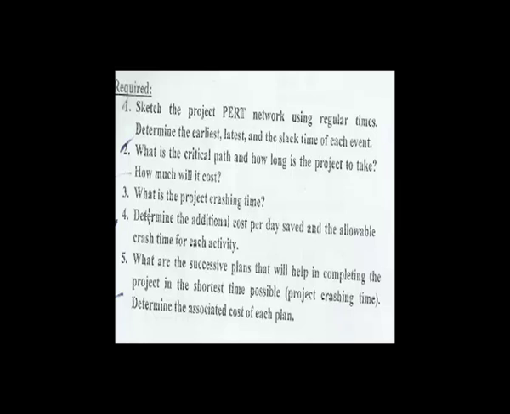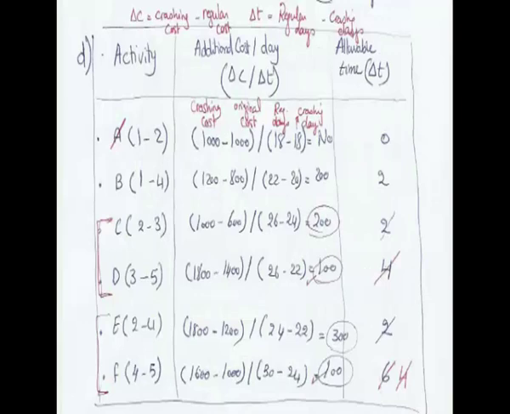The next requirement is that you are asked to determine the additional cost per day saved and the allowable crashing time for each activity. You draw a specific table in order to calculate them as follows. The table includes 3 columns.